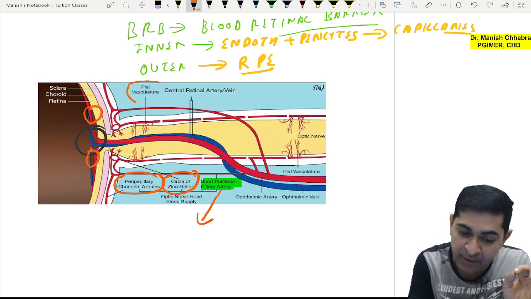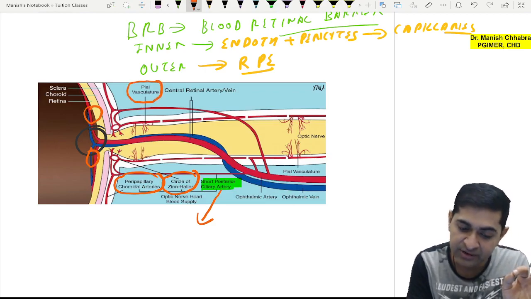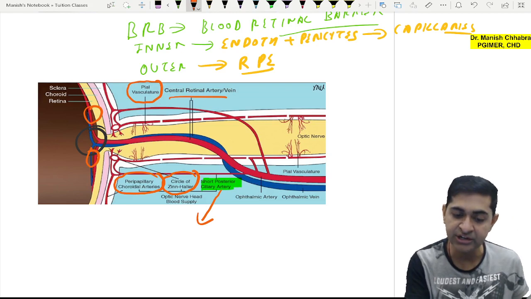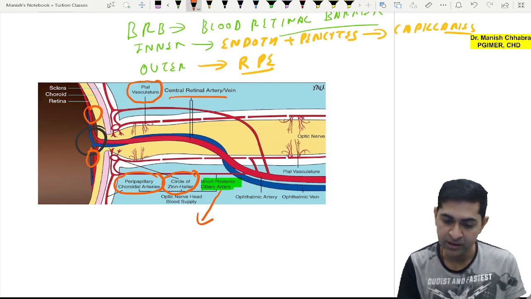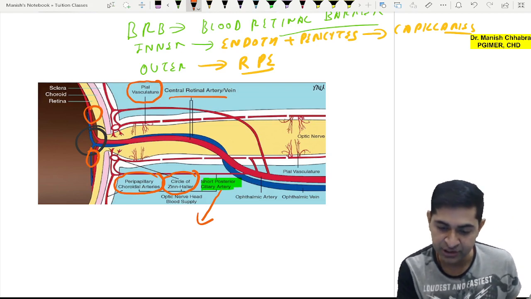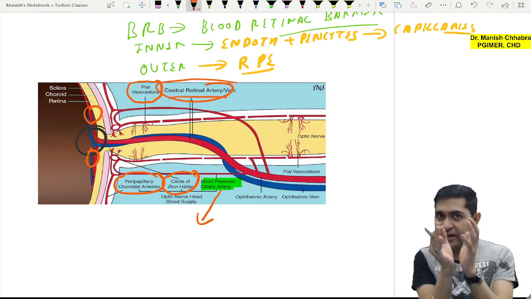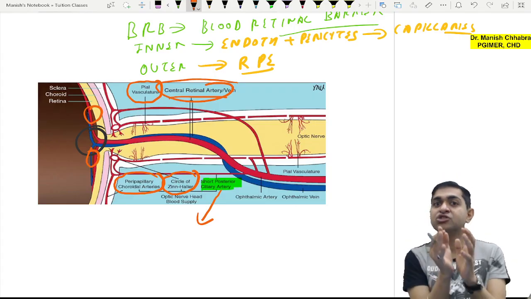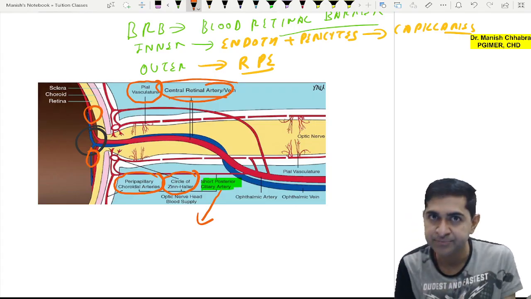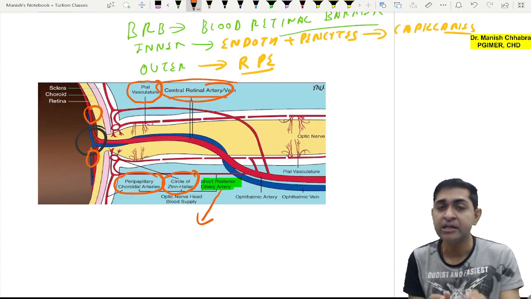Can you appreciate the pial vasculature as well as the branches of the central retinal artery? So this is your central retinal artery, and you know the central retinal artery is a branch of the ophthalmic artery.